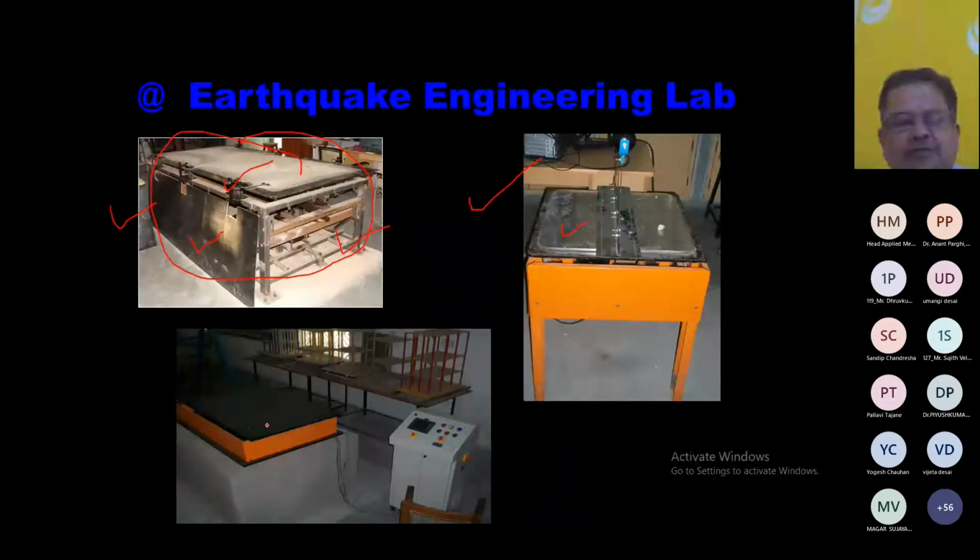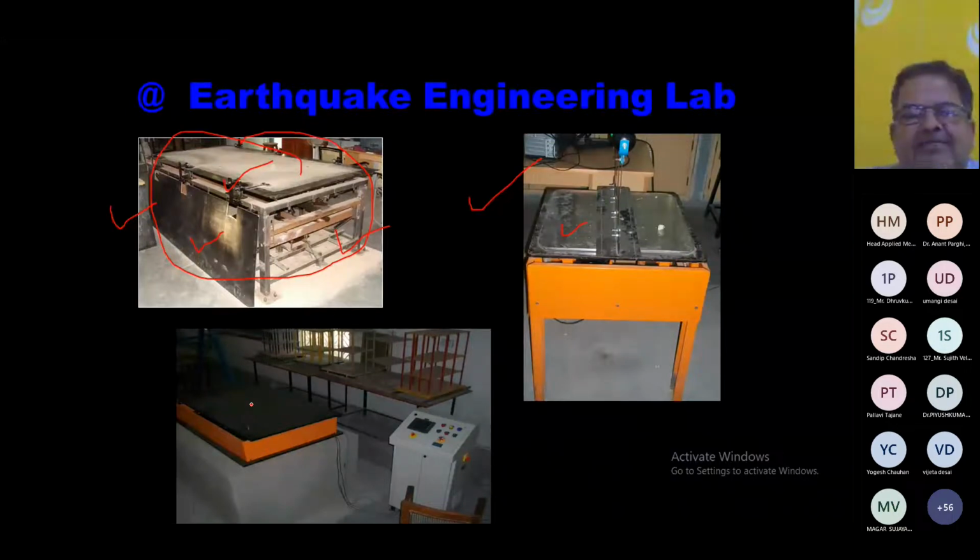Then we said, okay, what are the limitations of these two shake tables? The limitation is we can apply only harmonic motion, that's all, right? So we sent a proposal to Gujarat State Disaster Management Authority, and we said that we want to develop an earthquake engineering laboratory setup.